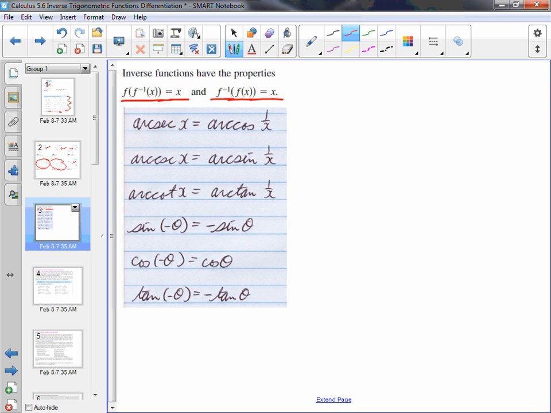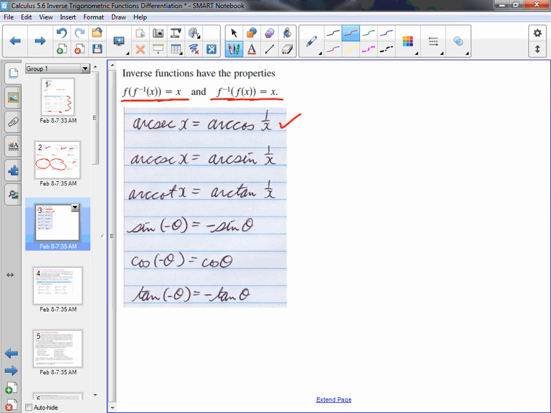Now, for these inverse trig functions, the arc secant of x is the same thing as the arc cosine of 1 over x. Now, why would we want to do that? Well, because on your calculator, you won't find an inverse secant button, will you? Will you find an inverse cosine button? Yep.